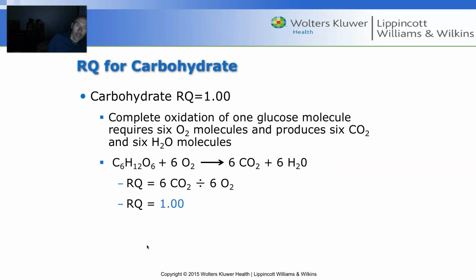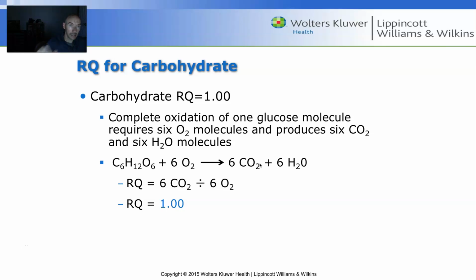So, when we have a ratio of 1.0, again, we have an even number of 6 CO2 and 6 O2. That number is produced when we are primarily utilizing carbohydrate for fuel, okay? Because carbohydrate requires an even number of CO2 and oxygen to metabolize. Again, giving us the ratio of 1.0, okay?